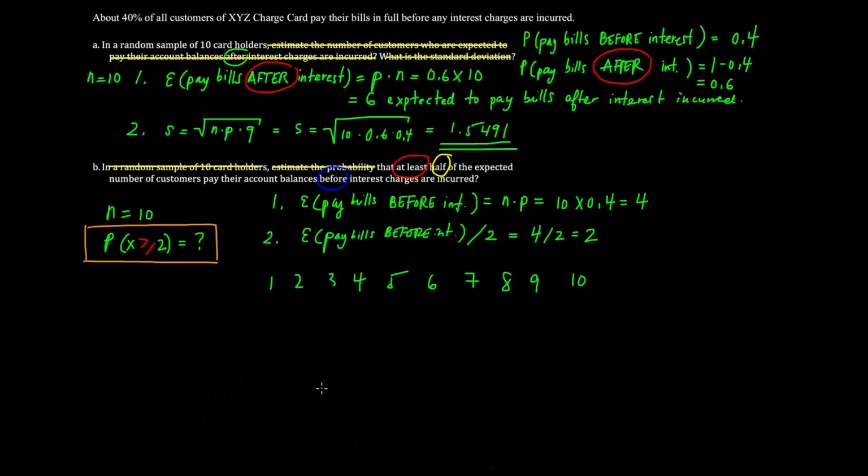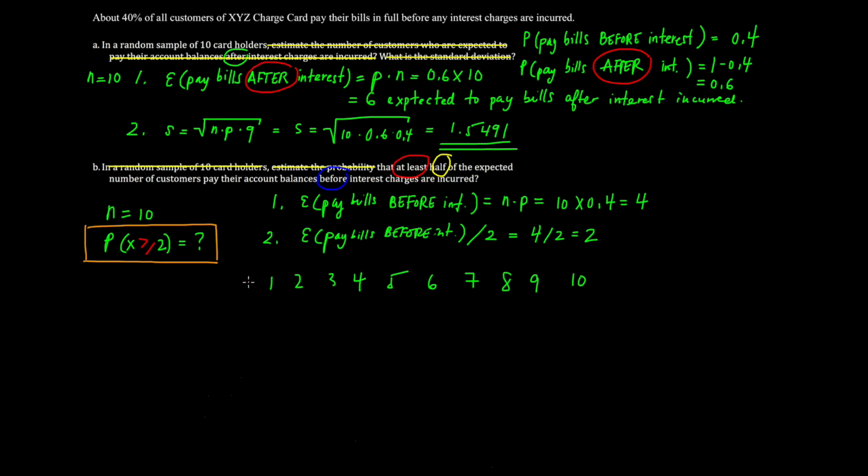So I want to know the probability that at least half of the expected number of customers pay their account balances before interest charges are incurred. I want to estimate the probability that it'll be greater than that, right? That at least half, so greater than or equal to 2 people, will pay their account balances before interest charges are incurred.